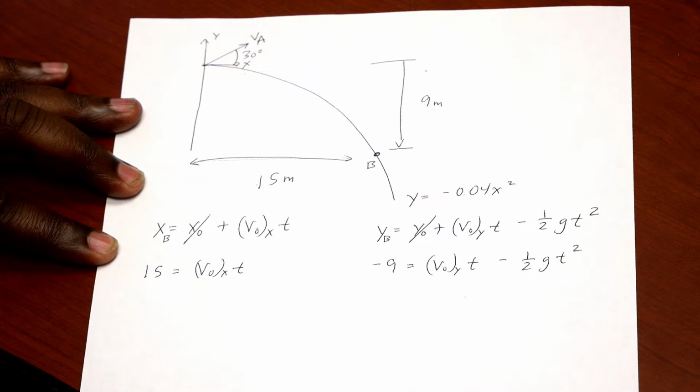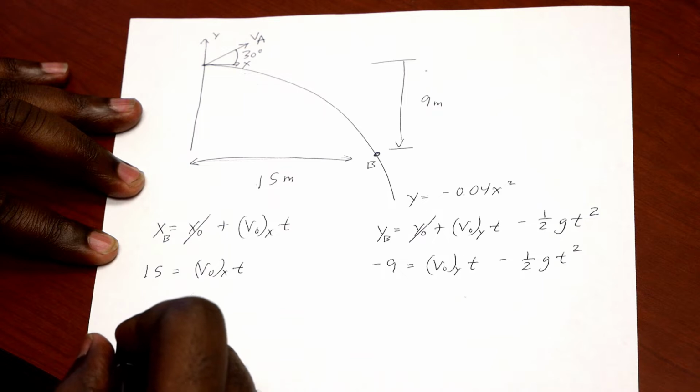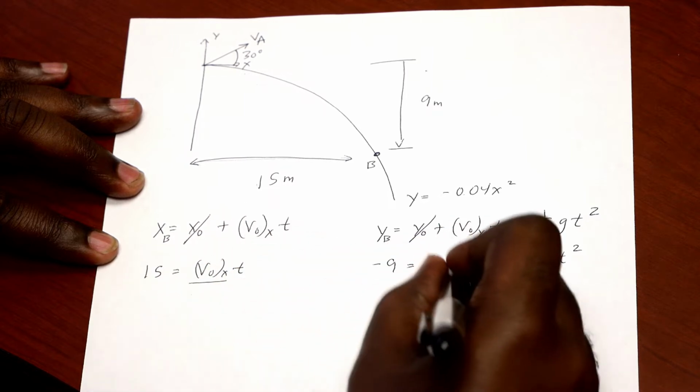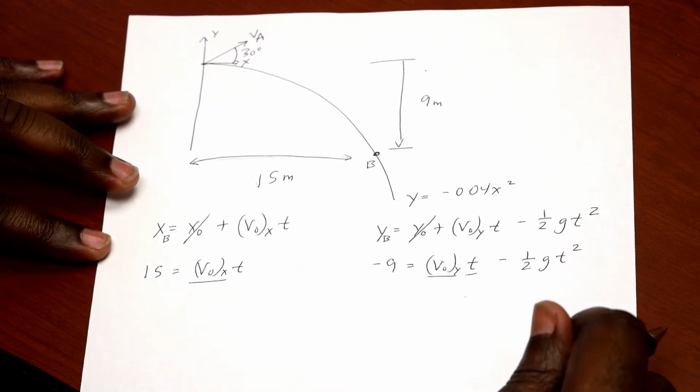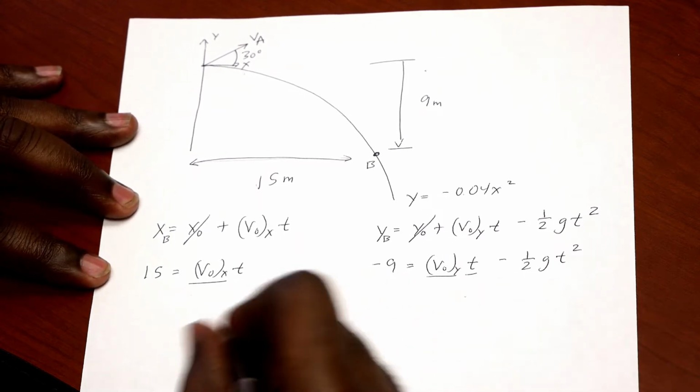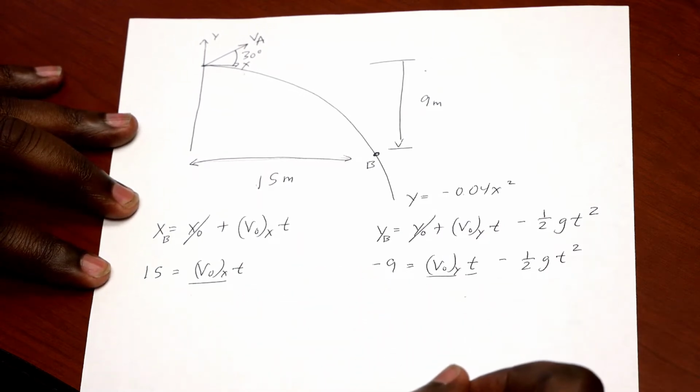Okay? And so now we have our classical two equations with two unknowns. Well, it looks like three unknowns because our unknowns at this point are v naught x, v naught y, and t. But we realize that there's a relationship between v naught x and v naught y that's given by the angle of 30 degrees.